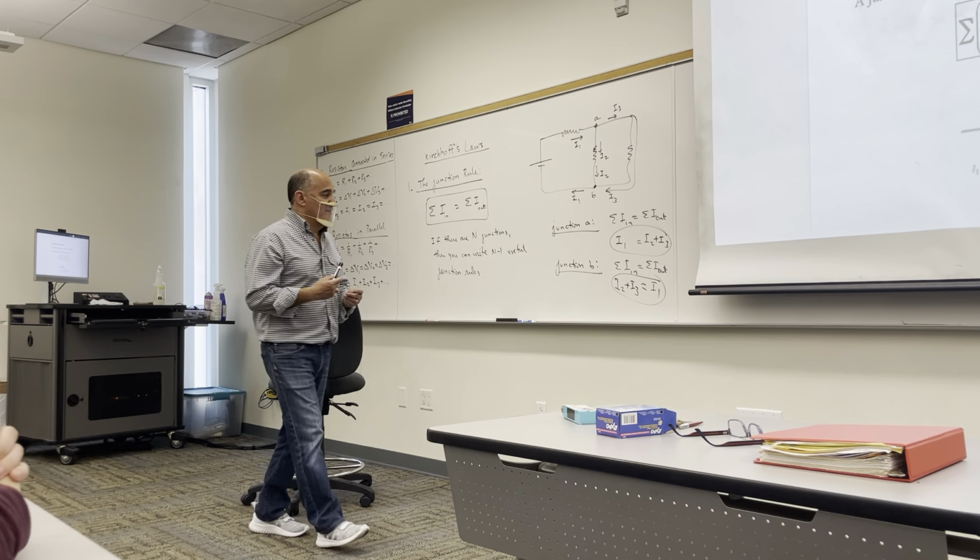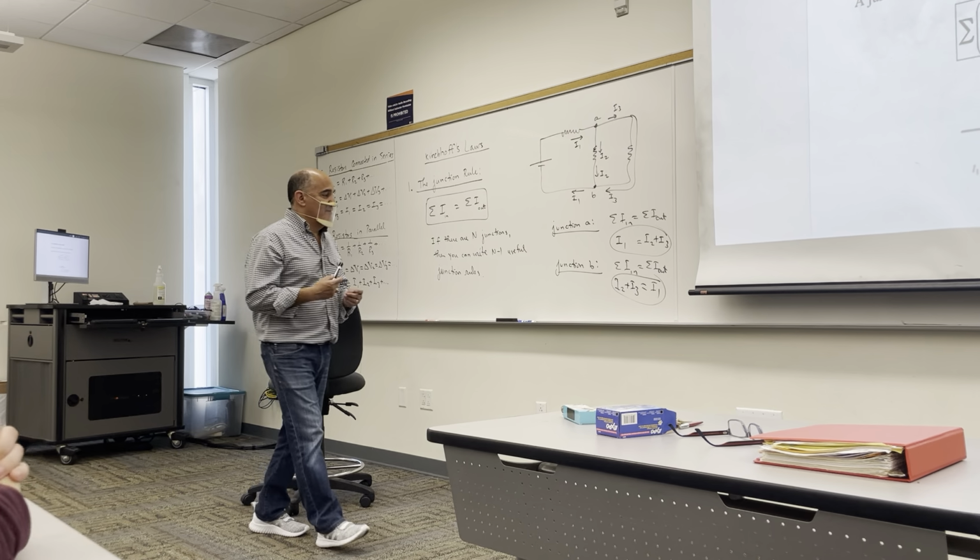I don't care if you start here and go clockwise or counterclockwise, or go on the outside counterclockwise or clockwise, or along another path. It doesn't matter. Any loop, if you end up where you started, the sum of all the potential differences has to be zero, because you ended up at the same point where the potential is the same as when you started.